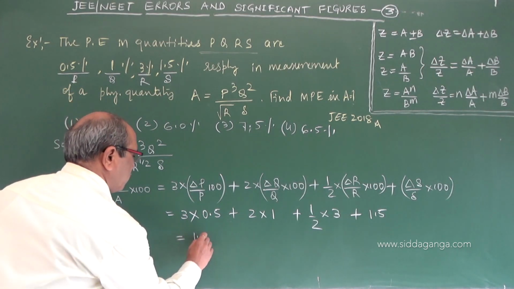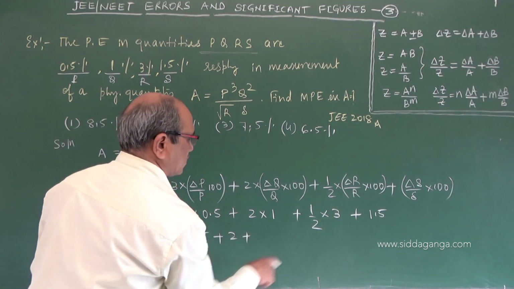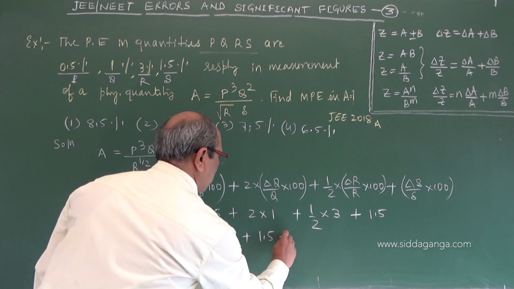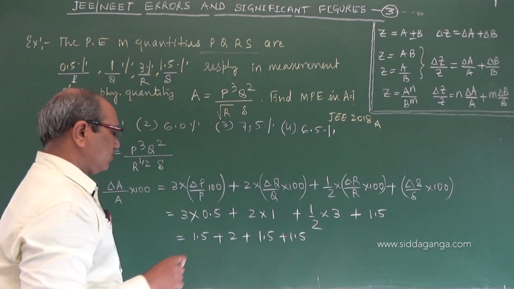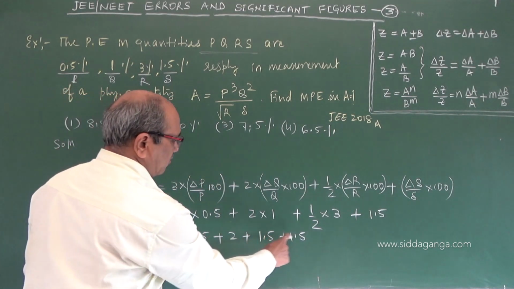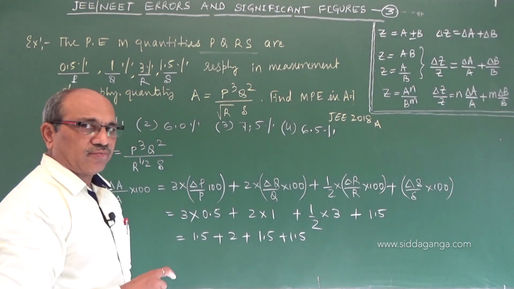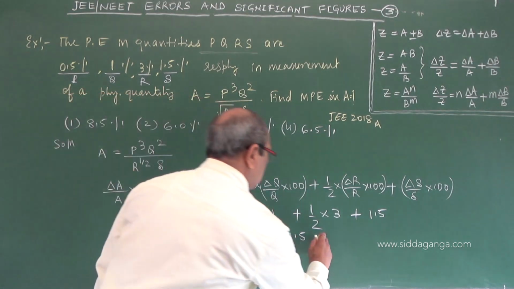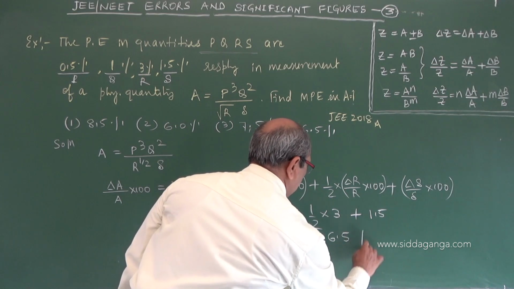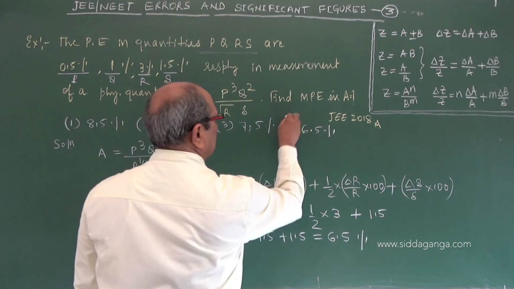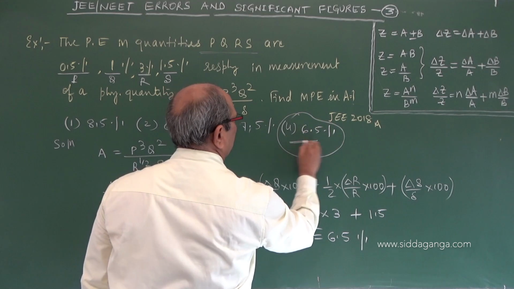So this is 1.5 plus 2 plus 1.5 plus 1.5. 1.5 plus 1.5 is 3, plus 1.5 is 4.5, plus 2 is 6.5%. The correct answer is this one.